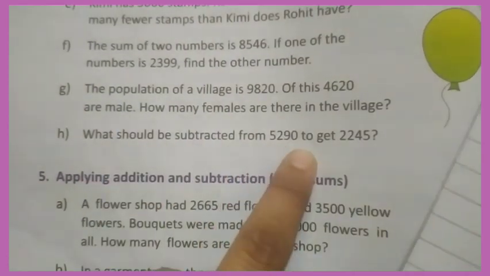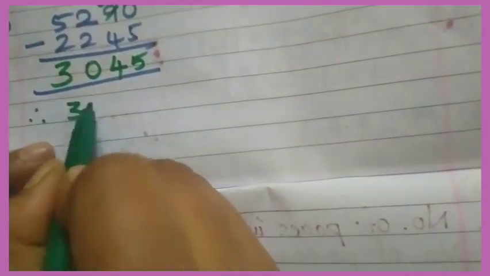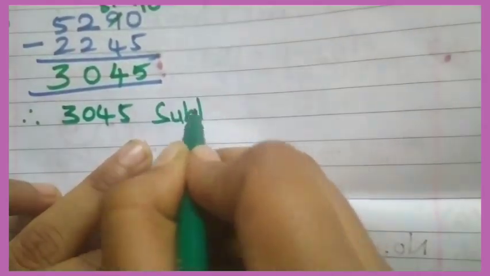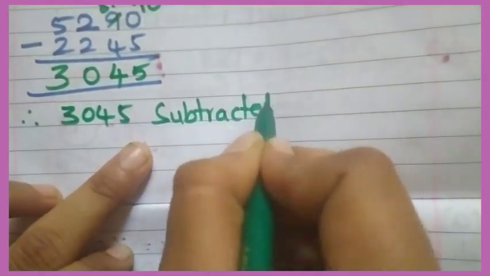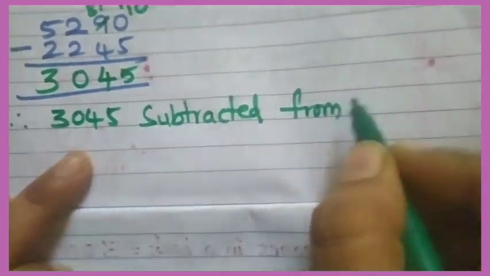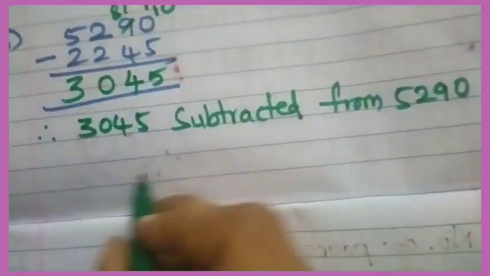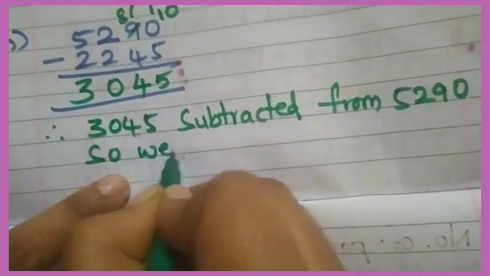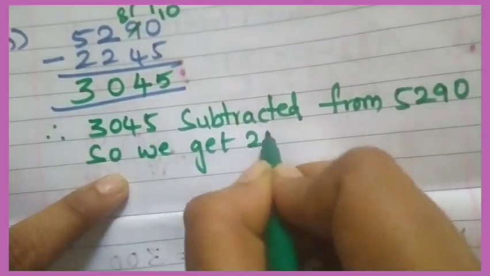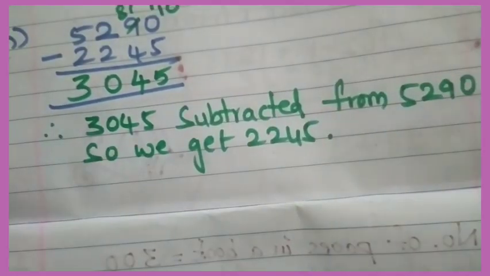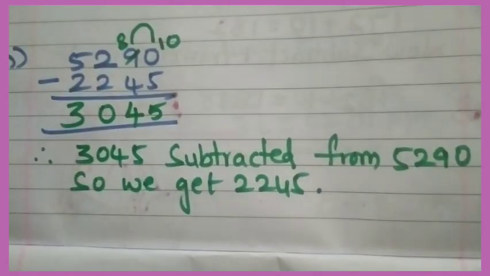What should be subtracted? 3045 subtracted from 5290. So we get 2245. Okay, this is H answer.